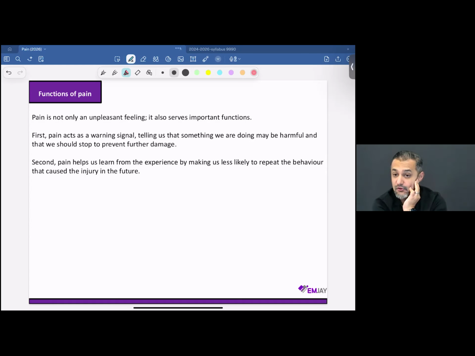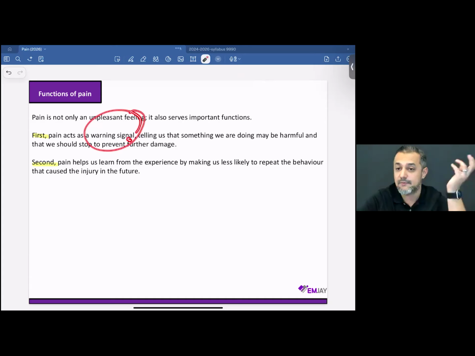Now, if we speak about the important positive functions that pain has, number 1, it acts as a warning signal. As I speak about this warning signal, let's just say you walk into your kitchen at night, the lights are switched off, you want to grab a chocolate or a bottle of water from the fridge, and you're too lazy to switch on the light.